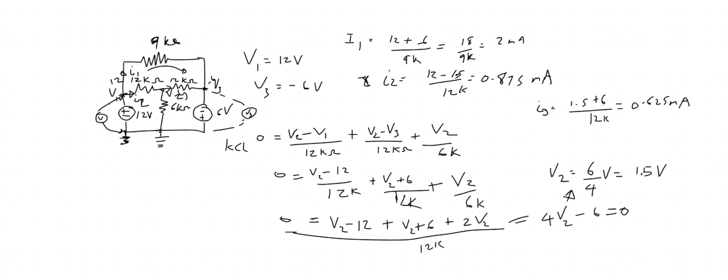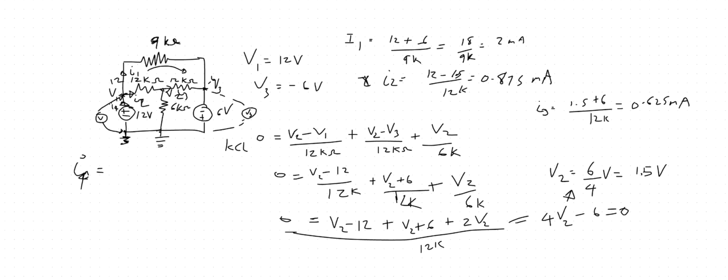If I4 is this current, what is I4? There's no resistance there, so the current would just be the 12.